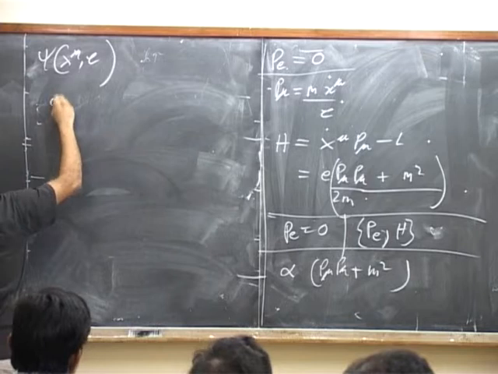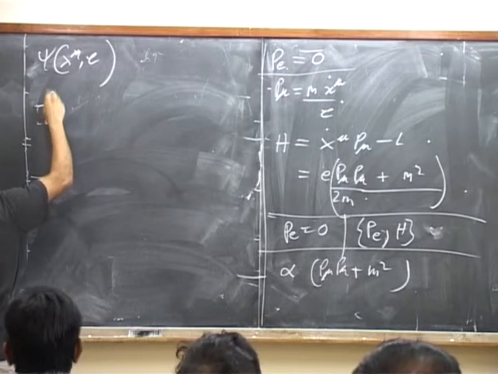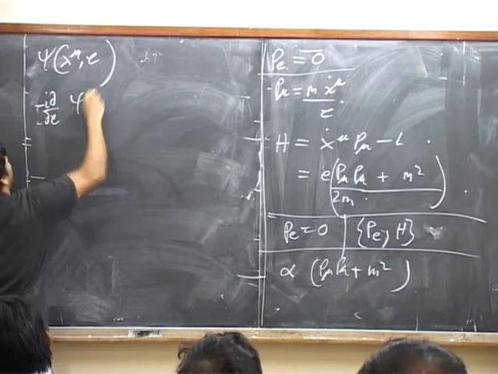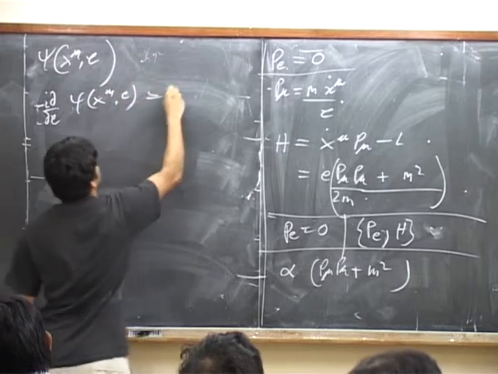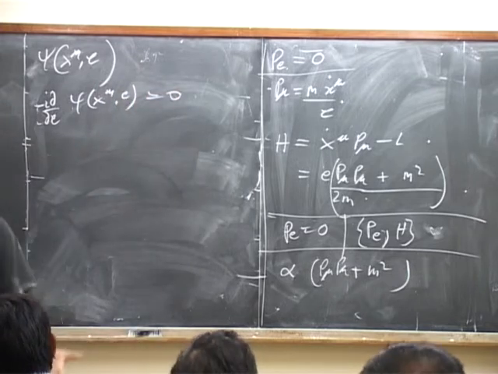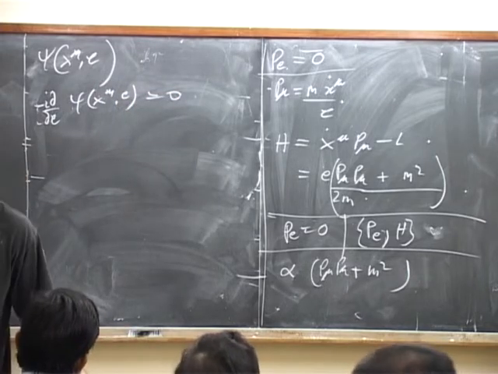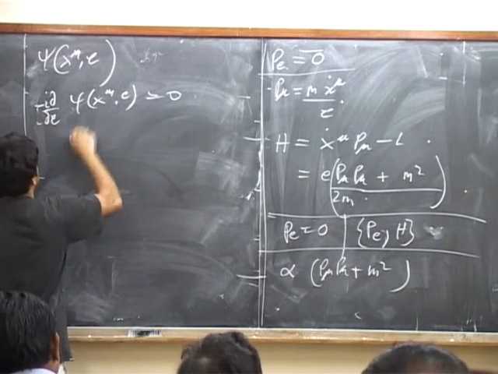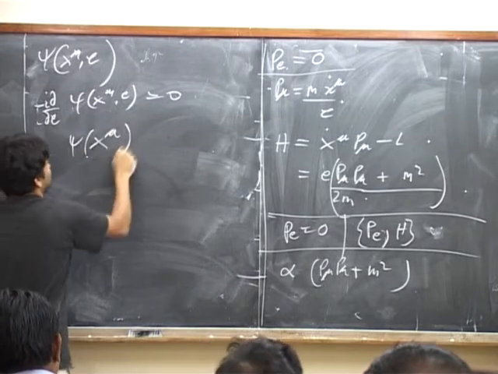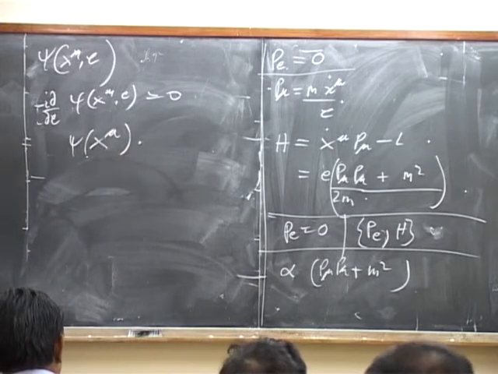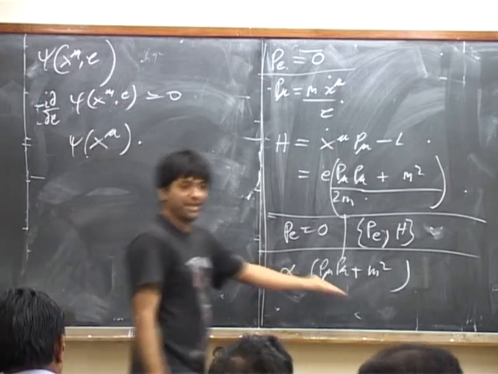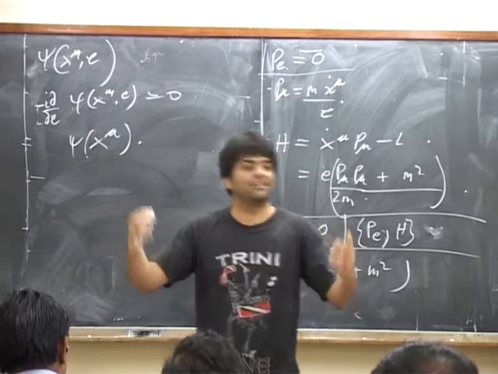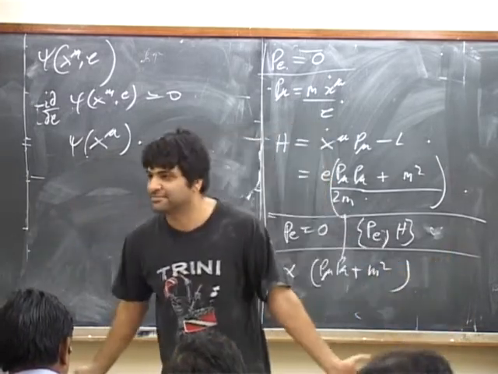P_e is equal to 0. That's minus i d by de of psi of x_mu, e. You know, the momentum conjugate to e is d by de. And therefore, the solution to this is functions that are functions only of x_mu. Imposing the second constraint now reduces this problem exactly to the one we've already solved.